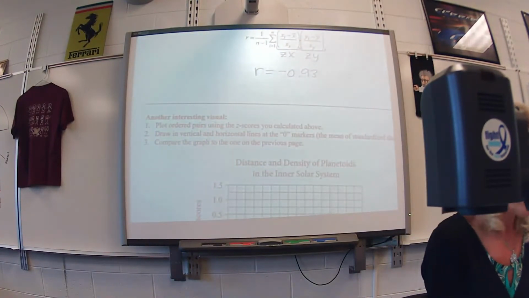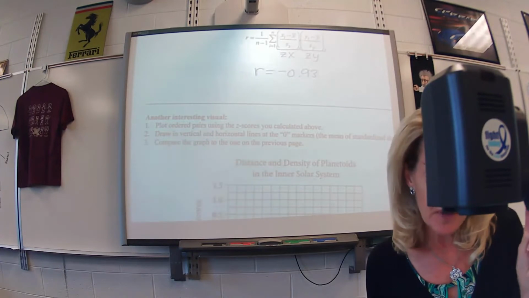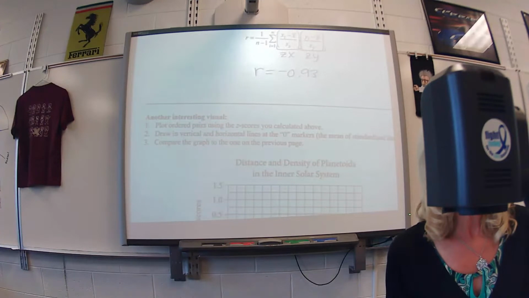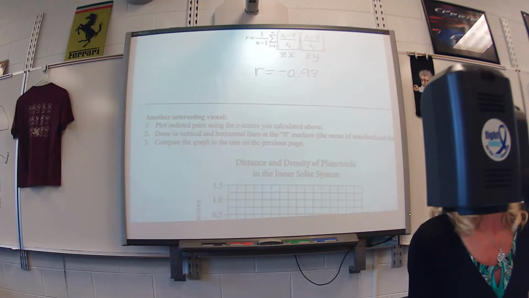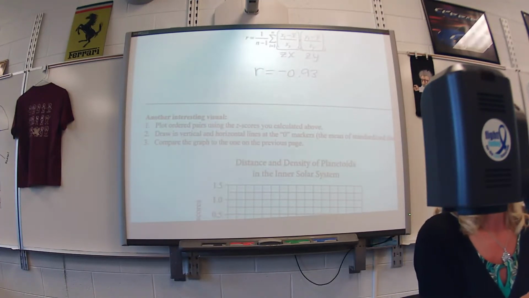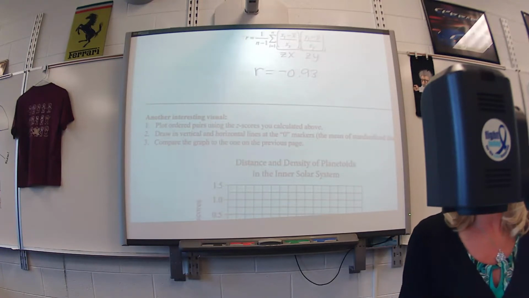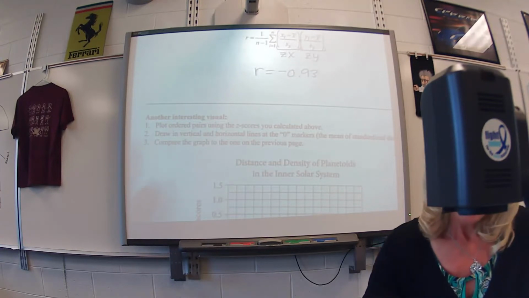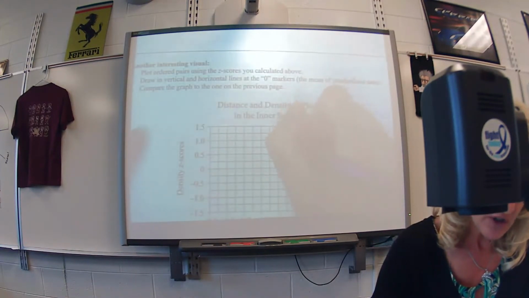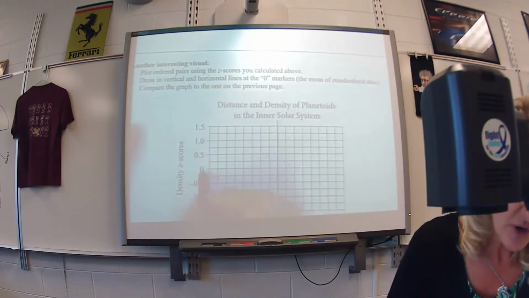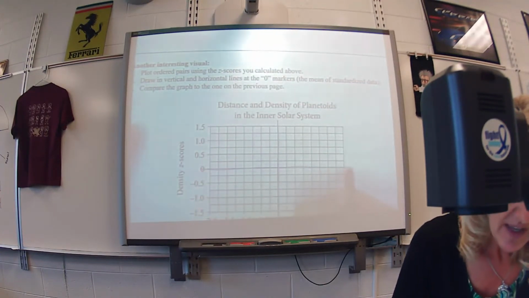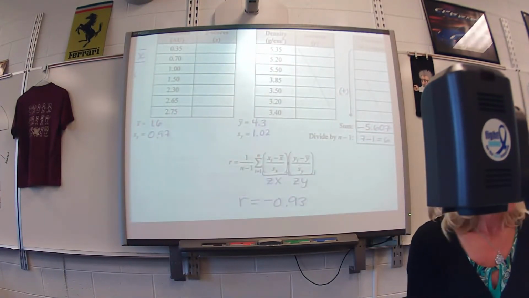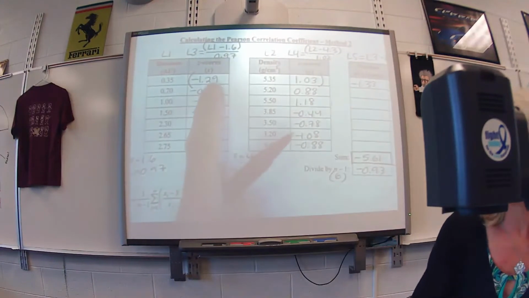Now this one here, the interesting visual, it's the same visual that you would have had on Friday. The only difference is because now that we've converted things to a standard score, instead of drawing a vertical and a horizontal line at the mean, you've now converted everything so it's centered at 0. So you would draw your vertical line at 0, you would draw your horizontal line at 0, and if you plot the ordered pairs of your z-scores, okay, I have them actually written down from last year.